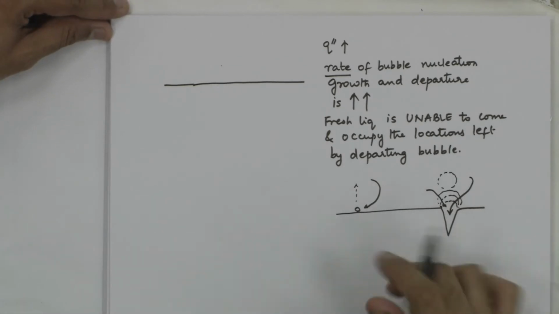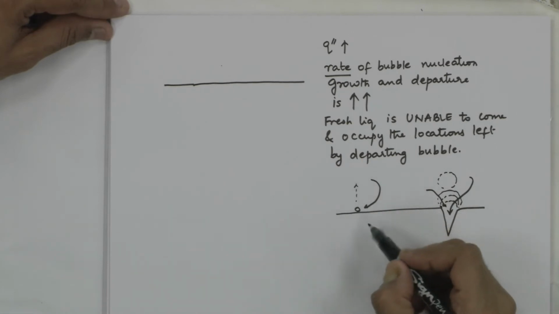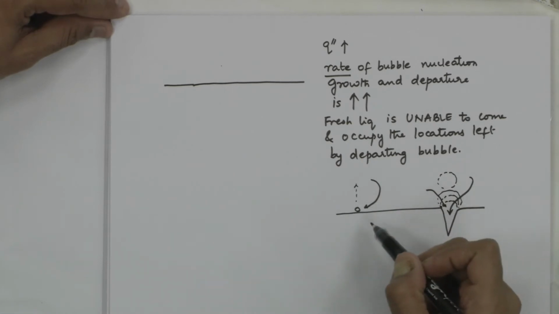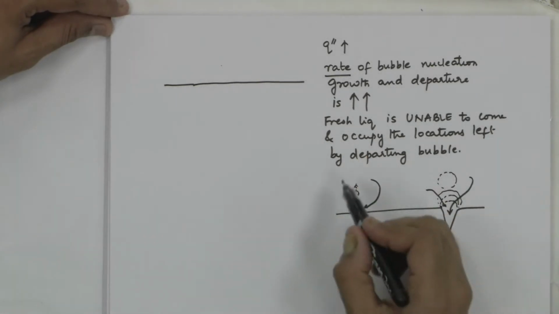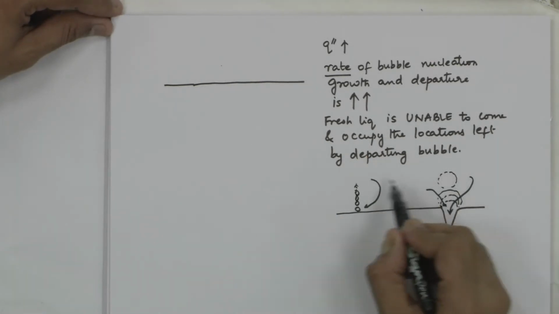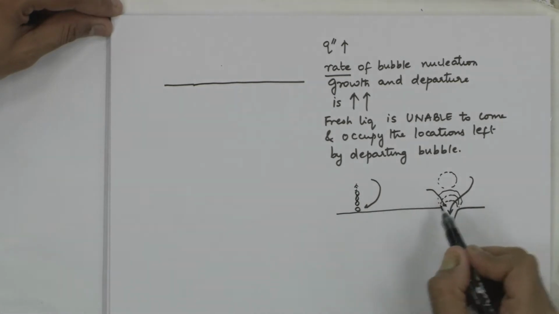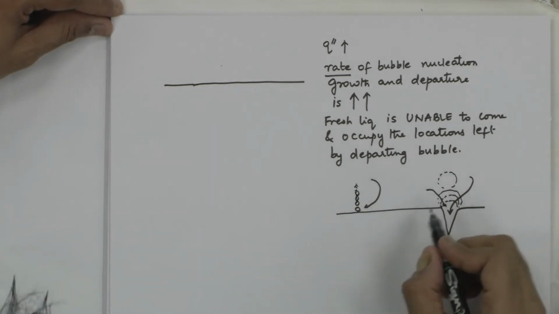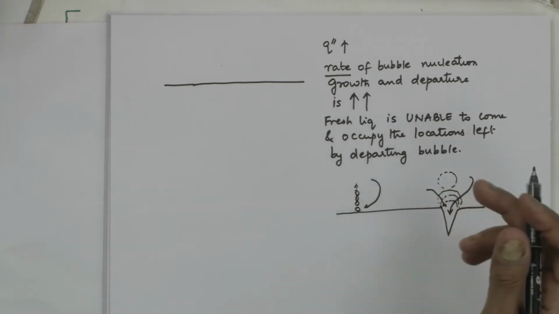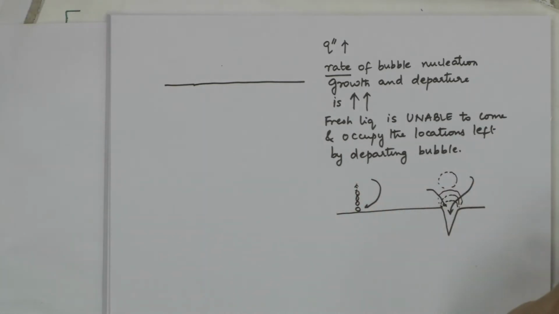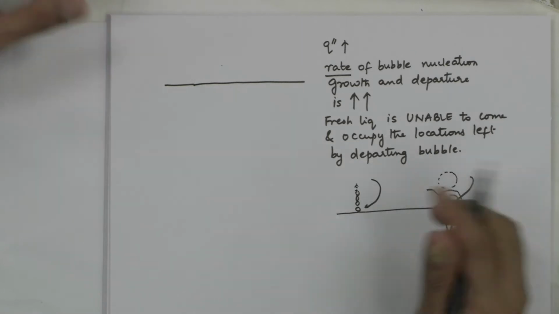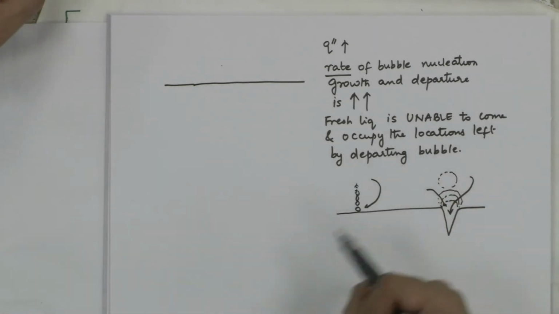All we are saying is, if the rate of bubble growth and departure is so fast, that one bubble, the next bubble is all coming so rapidly, there does not exist enough time for the liquid to come, occupy, get heated and grow. Another way of looking at it is, the liquid surrounding is almost at Tsat, or at a temperature where it can right away form the bubble.